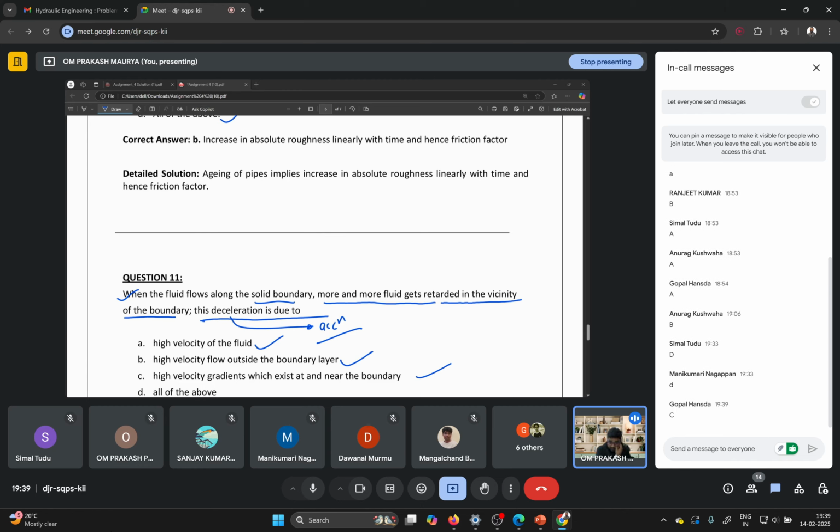Option C, okay. Gopal is telling option C, high velocity gradient which exists at and near the boundary, okay. Other students please also try.